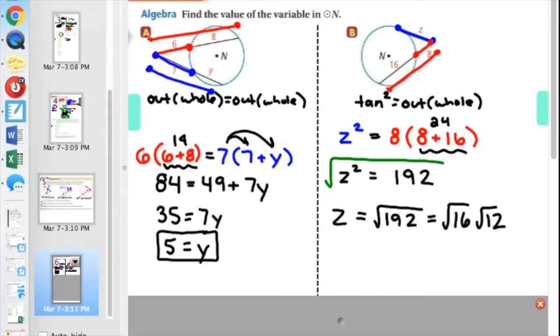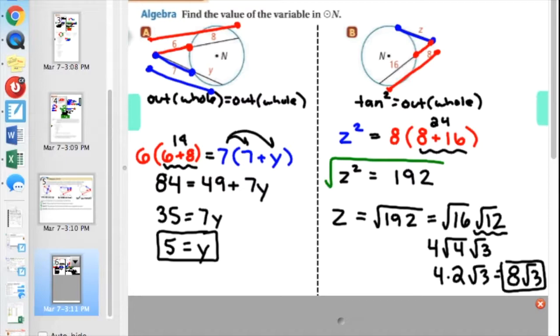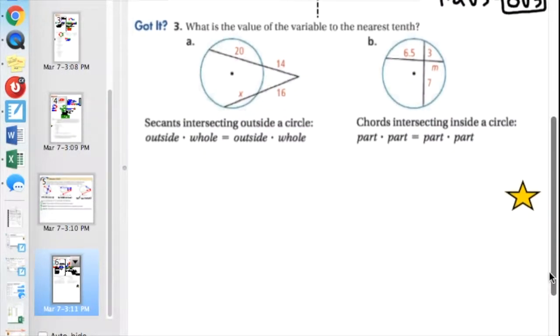Because I know when I see square root of 16, I can pull out a 4. But then I see square root of 12, and I'm like, oh gosh darn it, I can go further. The square root of 12 breaks into the square root of 4 and the square root of 3. Well, the square root of 4 is 2, so now I can pull out a 2. So I have 4 times 2 times the square root of 3, getting me an answer of 8 square root of 3.